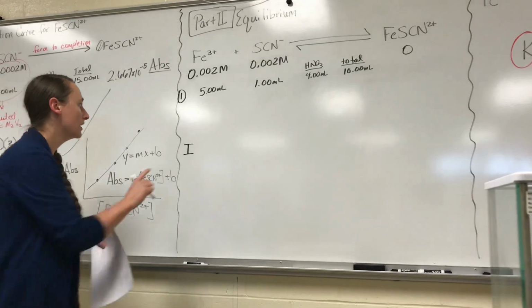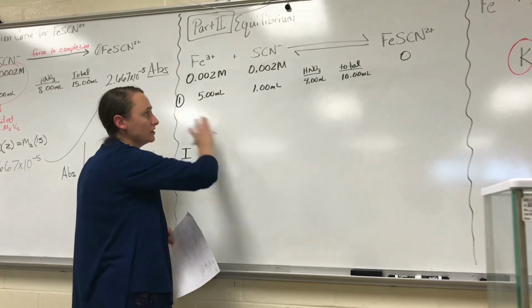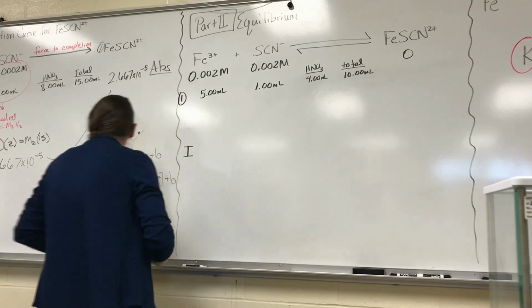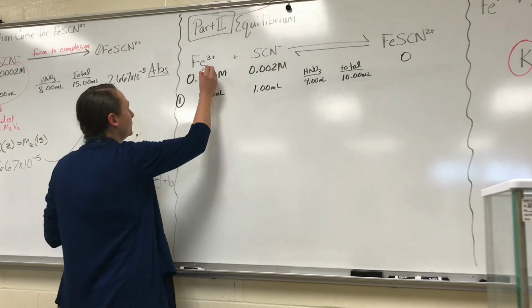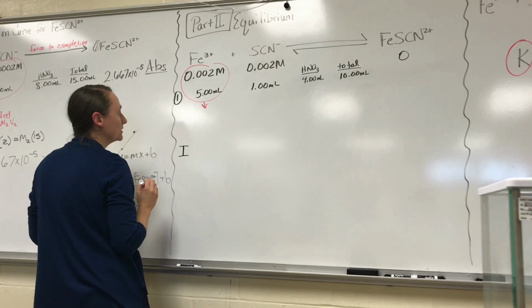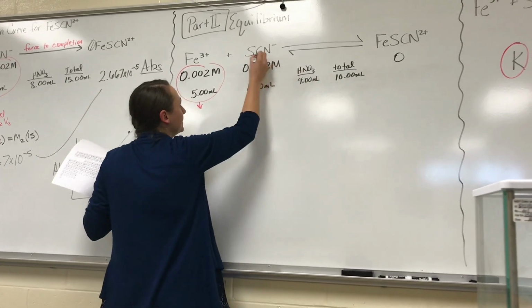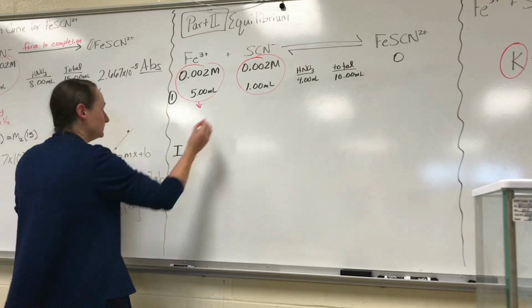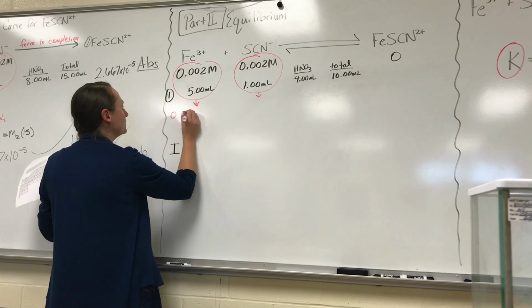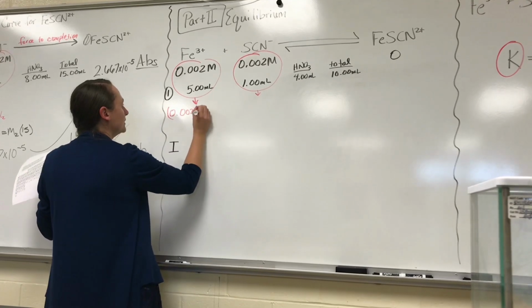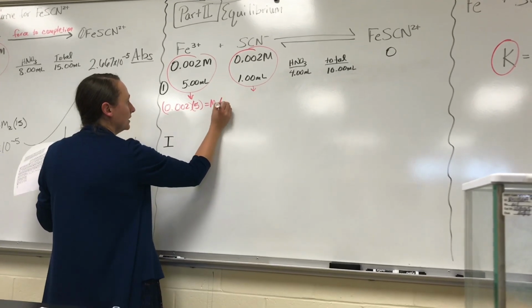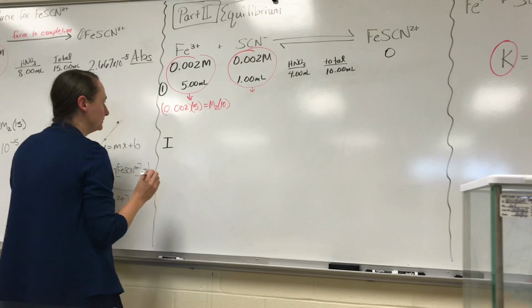So in order to get our initial concentrations, we have to look at the dilution of all of the solutions here. So we have the iron is diluted. We need to use M1V1 equals M2V2 with the total, and the same thing for the thiocyanate. So 0.002 molar times the 5 mLs will give us our diluted concentration when diluting to 10 mLs.